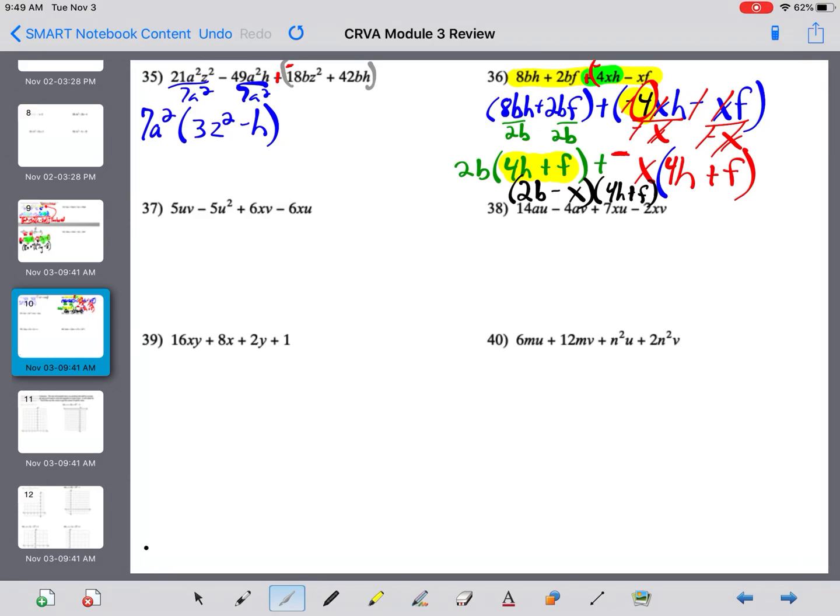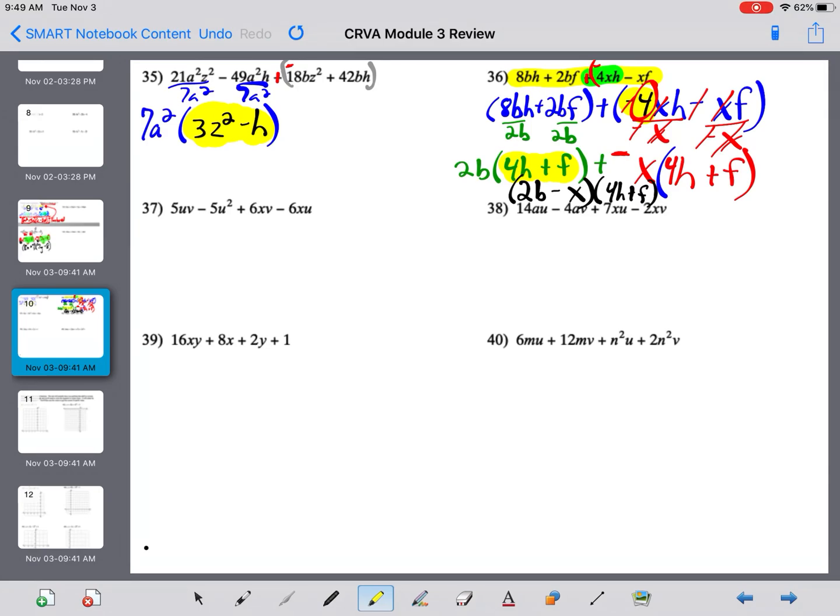So what number and variable can I factor out of the second set of parentheses? I can factor out a 6 and a b. However, if I factor out a 6b, I'm going to be left with a negative 3z squared, and I'm going to be left with a positive h. A negative 3z squared and a positive h is opposite of what's over here.